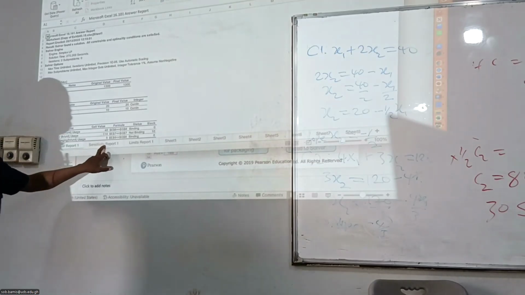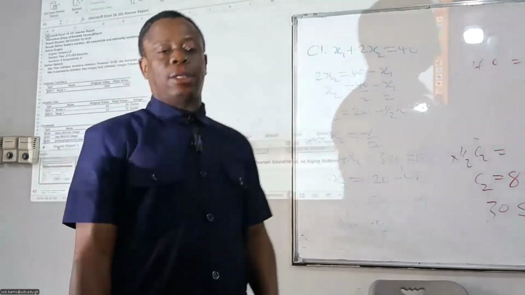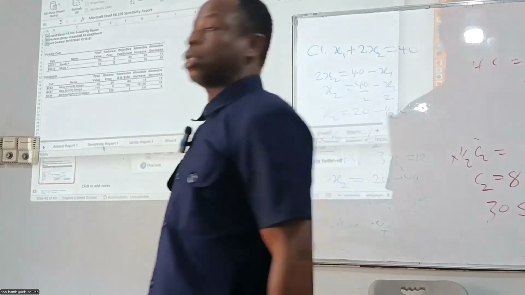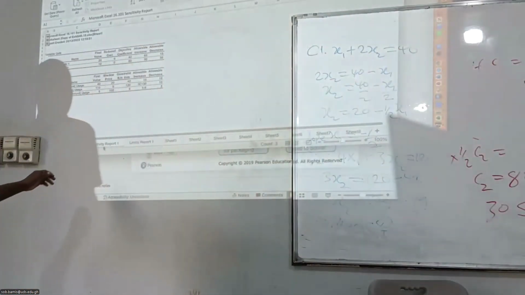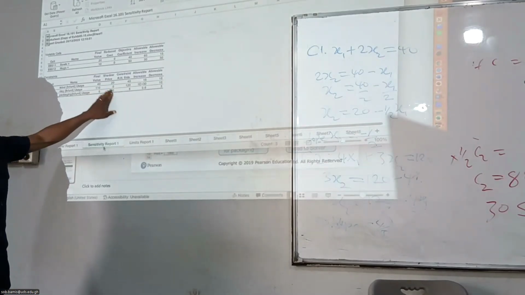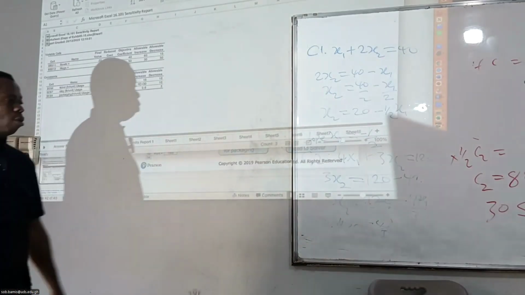So if we click the sensitivity report, it will show us the allowable increase and the allowable decrease that we discussed. So we have that. We have the shadow prices and so on and so forth.